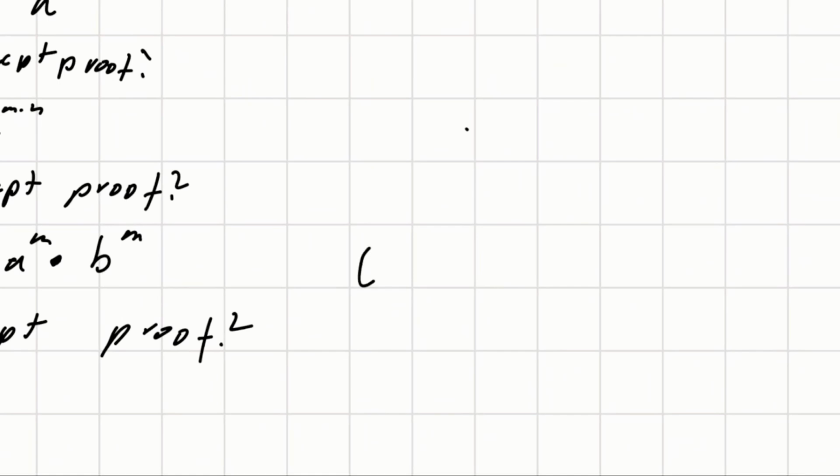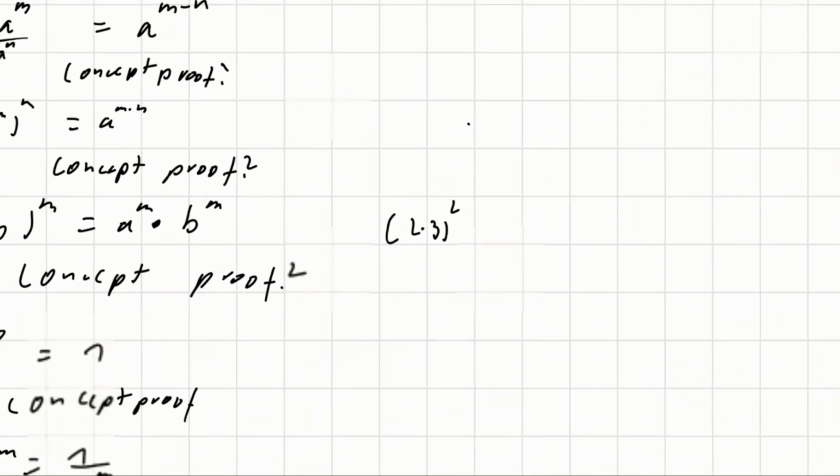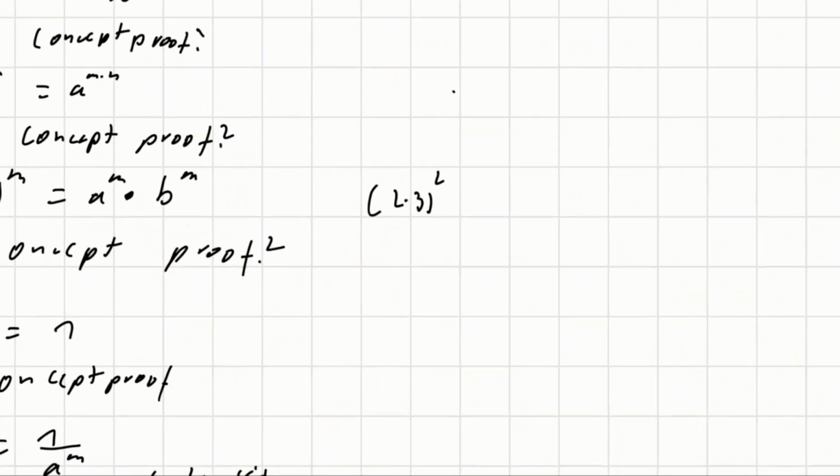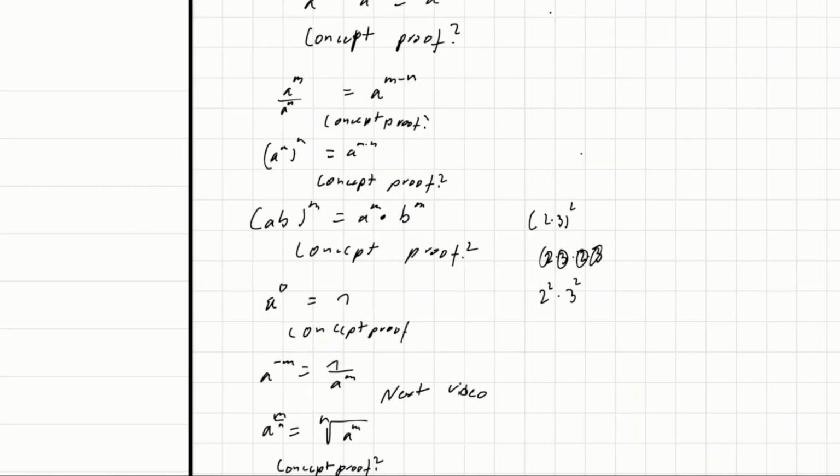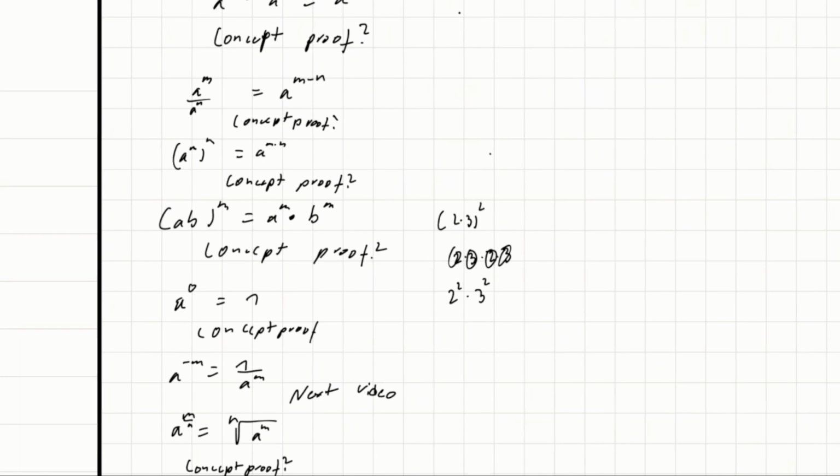Let's for example say we have 2 times 3 to this, which means this is nothing else than, we just can plug those together and this gives us this. Right, and this is the concept behind this.